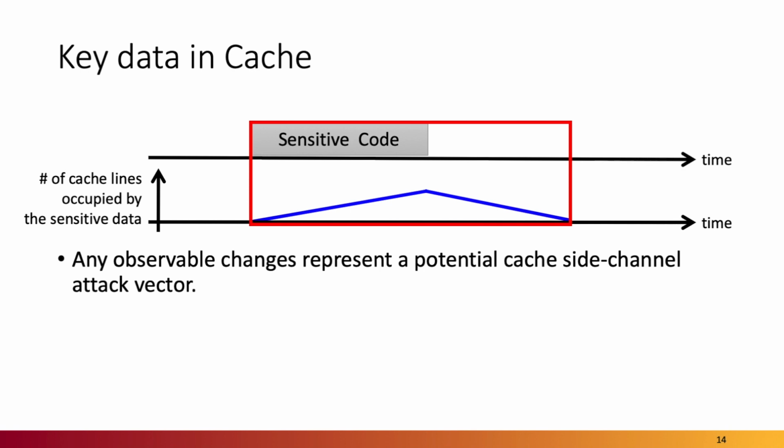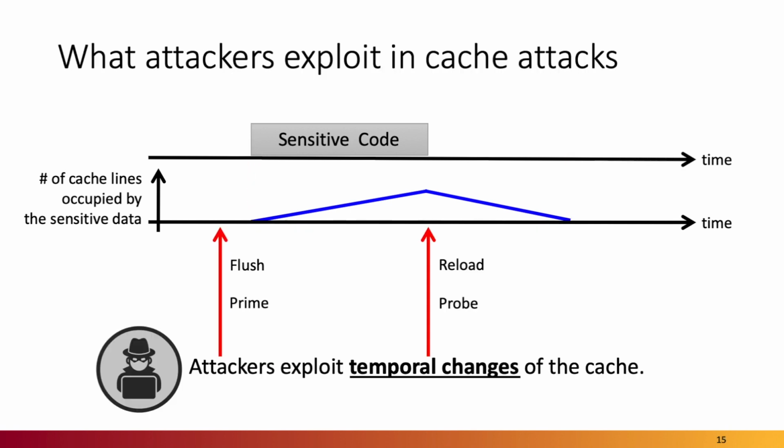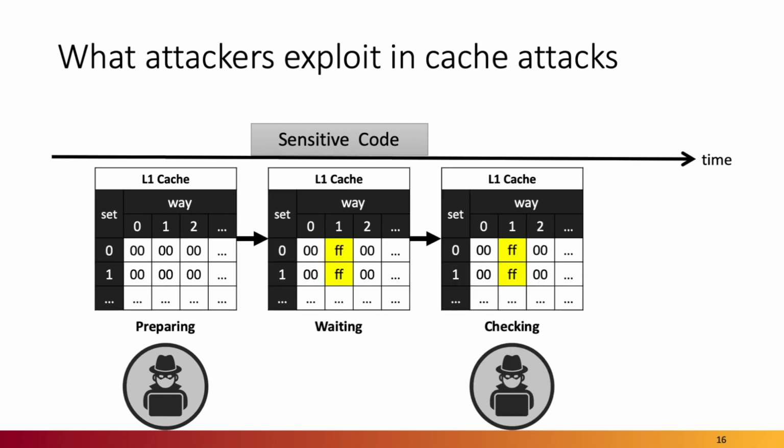Between two points, the time when the sensitive data is loaded onto a cache and the time when the sensitive data is totally evicted from a cache, data changes in a cache can cause important information leaks. Attackers exploit such temporal data changes in a cache using various attack methods. Their goal is to find data used by the sensitive code.